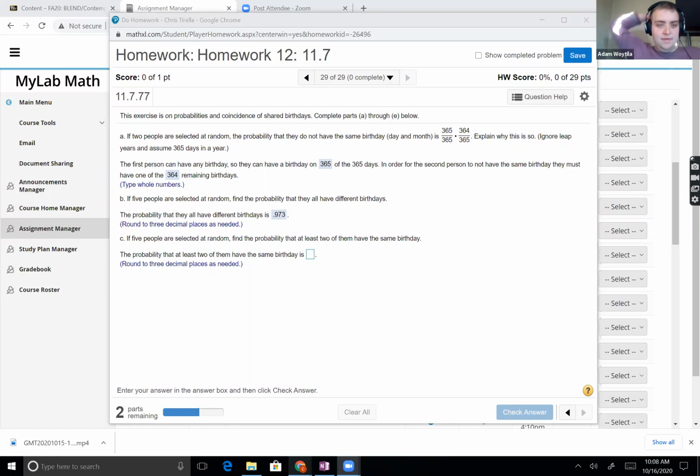Yeah. So if it's the complement of the preceding one, it's 1 minus 0.973, which would be 0.027. Kind of like when we were looking at that hurricane and rain question in class. The complement we subtract from 1.